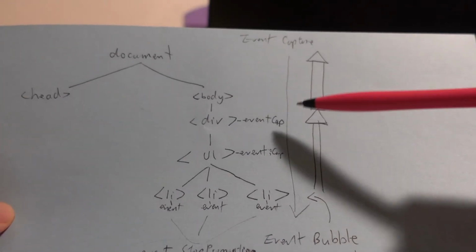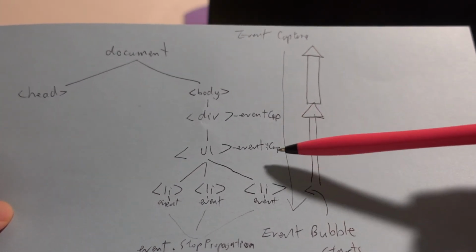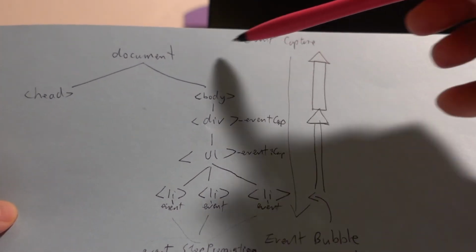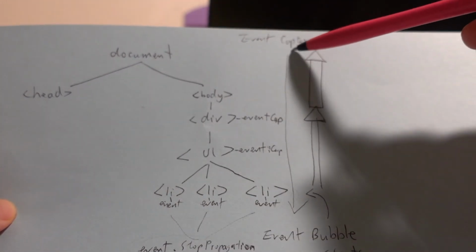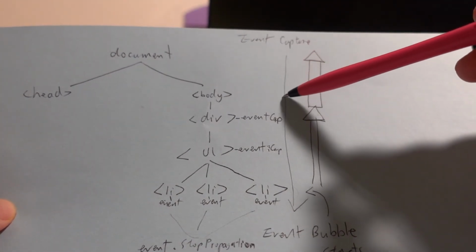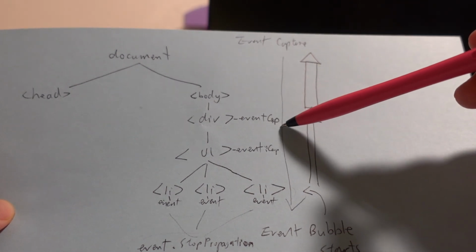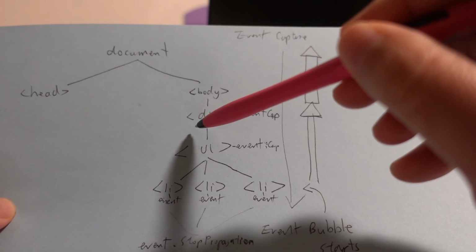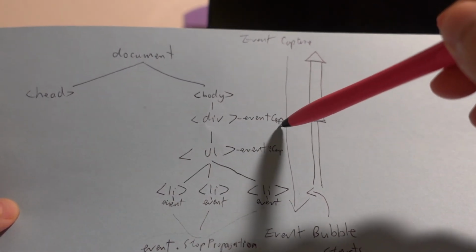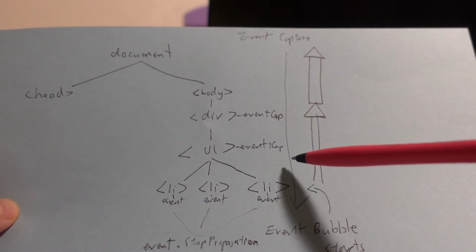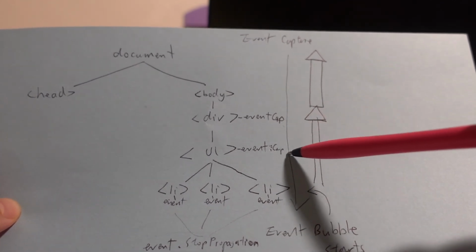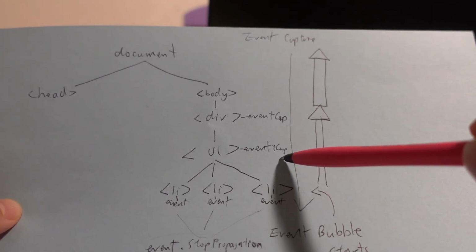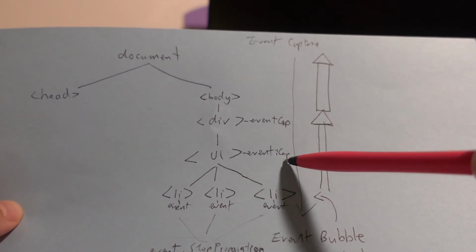So when we register these two events in the event capturing, the capture phase will go down first from the top, from the document element down to the child body to the div, and then it captures this event. So the console log click div is the first thing that pops up in the console, and then you go down to the child, which is the UL, and then it registers the click UL event, right? We have the console log of that.